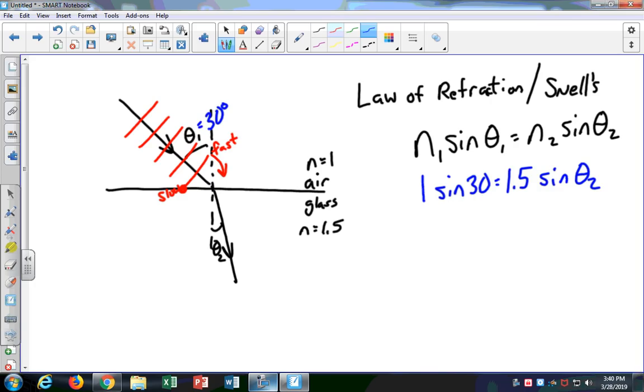I get 19. What did y'all get? It's okay, I'm pretty sure it's right. So 19 degrees. It makes sense because I know that theta 2, from how I've drawn my diagram, should be less than 30 degrees.